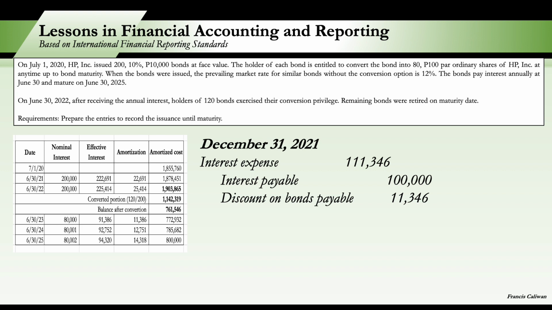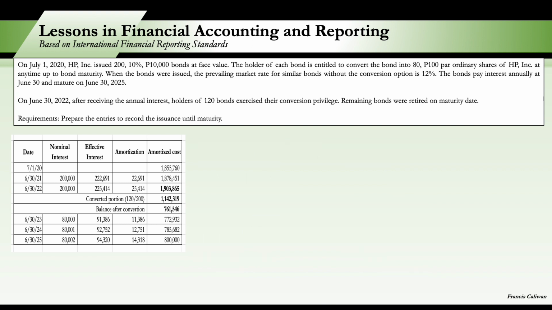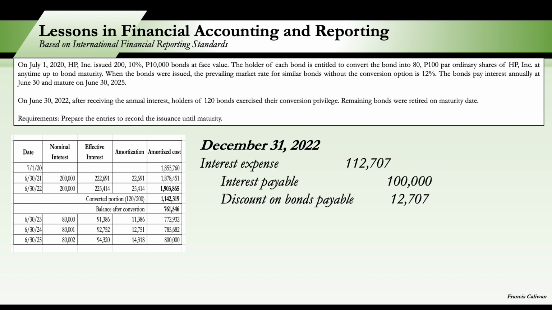Then on June 30, 2021, our first interest payment date, we will debit the remaining six months, 111,345, and then the interest payable of 100,000, credit to cash of 200,000, and another discount on bonds payable of 11,345.